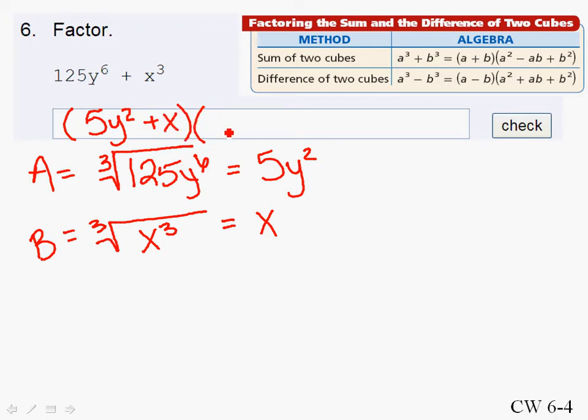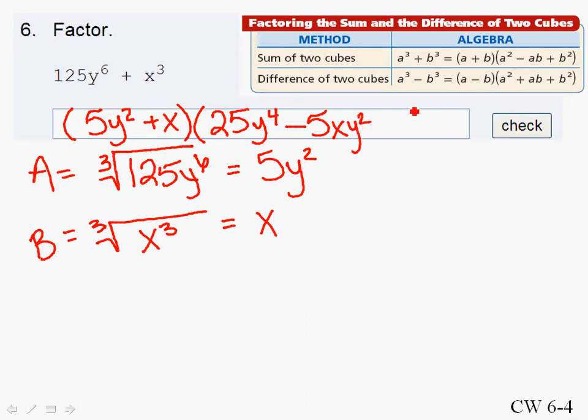Our next factor would be a squared. If a is 5y squared, this means 5y squared times 5y squared, which is 25y to the fourth, minus a times b. If a is 5y squared and b is x, that would be 5xy squared.